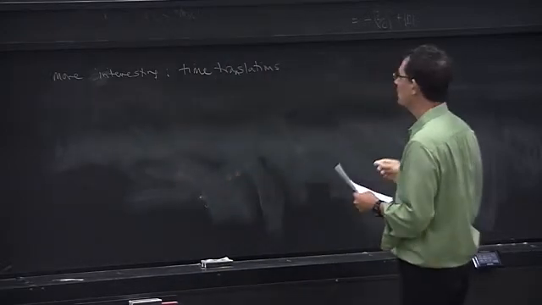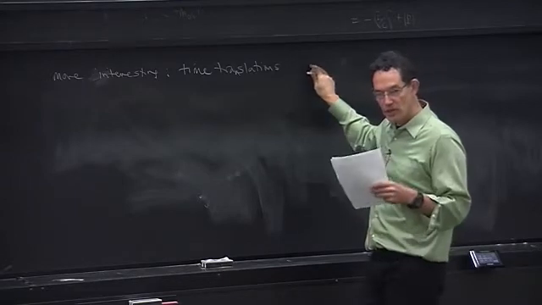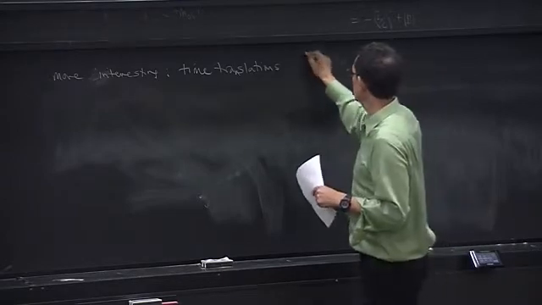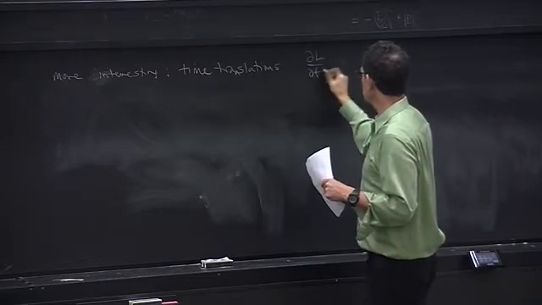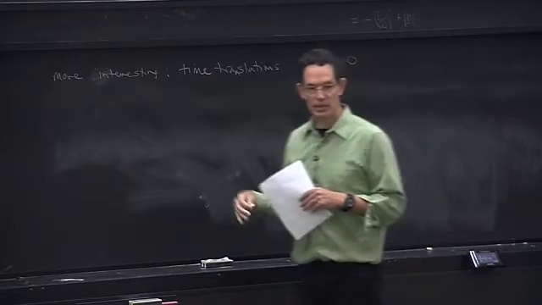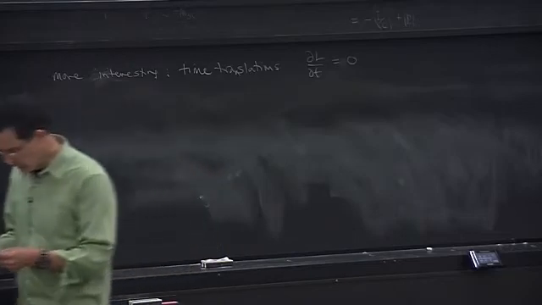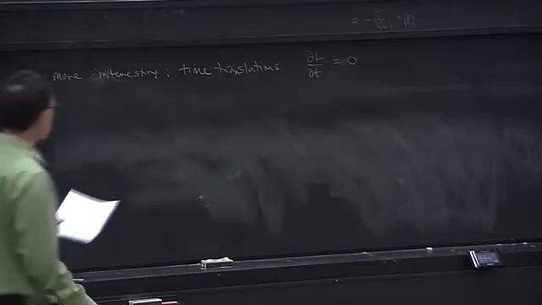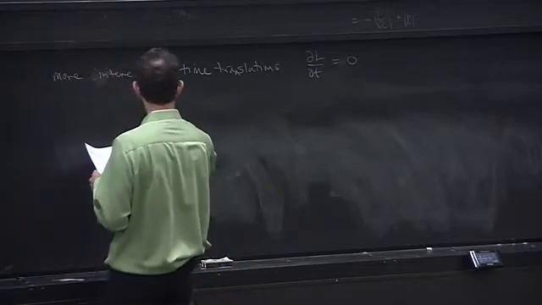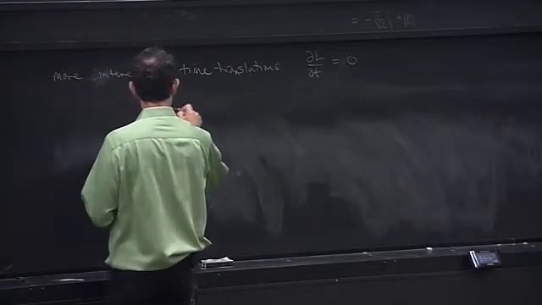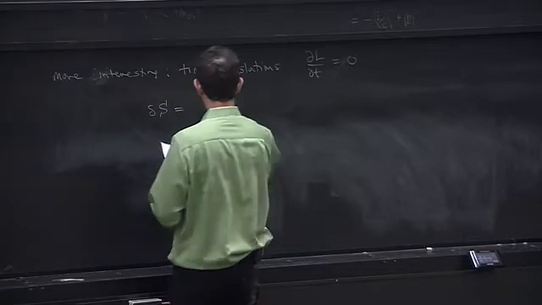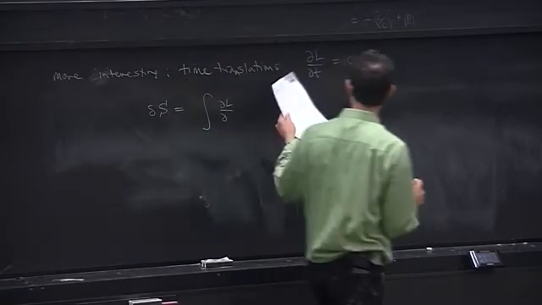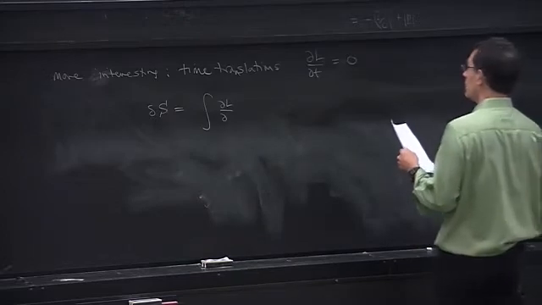So if the Lagrangian is invariant under time translations, we must have that there's no explicit dependence of the action on time. And now let's go through the argument again. Sorry, I should say what a time translation is.